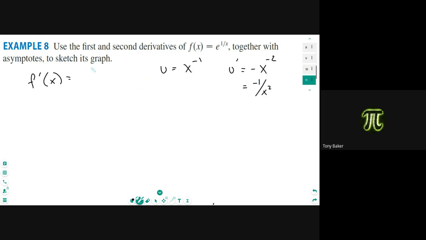So it ends up being -1 over x squared e to the 1 over x, or e to the 1 over x over x squared, with the negative. So that's the first derivative.